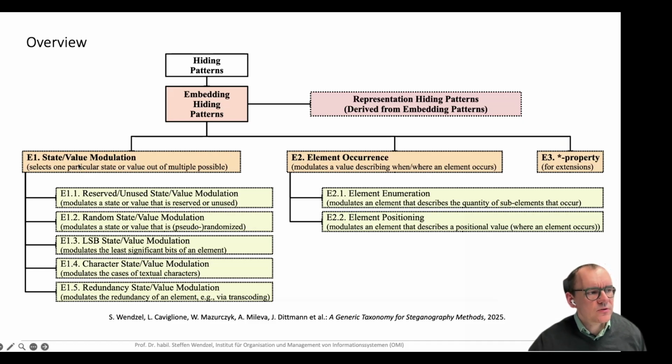If we modulate the state or value, we can modulate reserved or unused values, random values, least significant bits, characters, or the redundancy, for instance, by means of transcoding steganography. If we modulate the occurrence of an element, we could modulate its enumeration. So an element that describes the quantity of sub-elements.